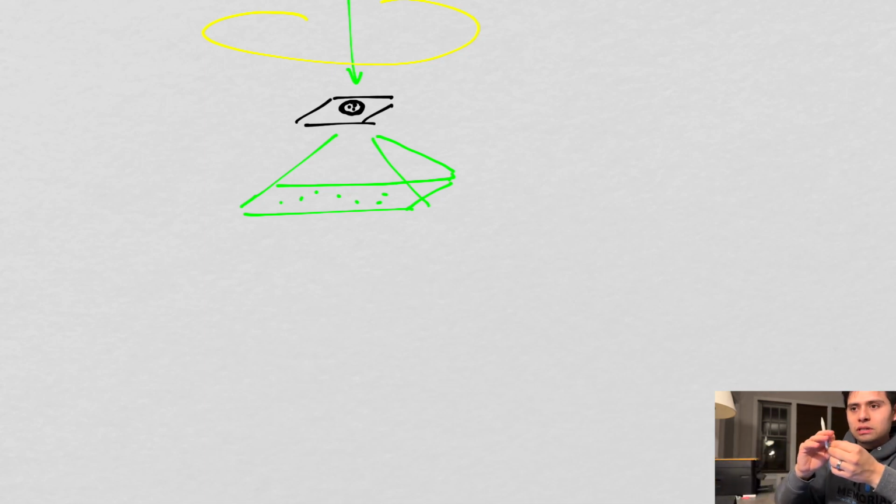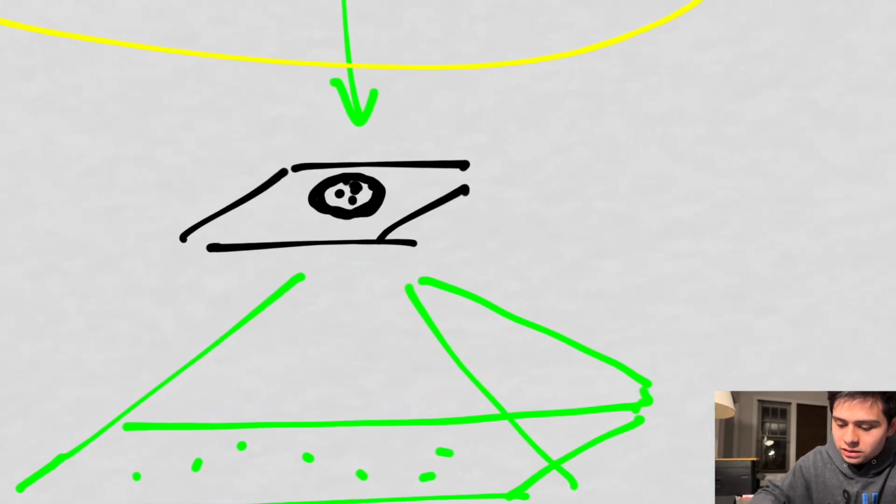If your protein is in a slightly different orientation, then you're going to get a different pattern within that probability wave.